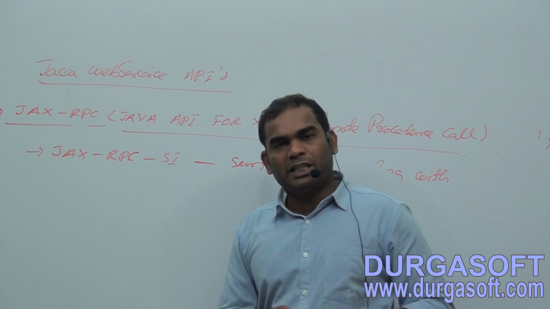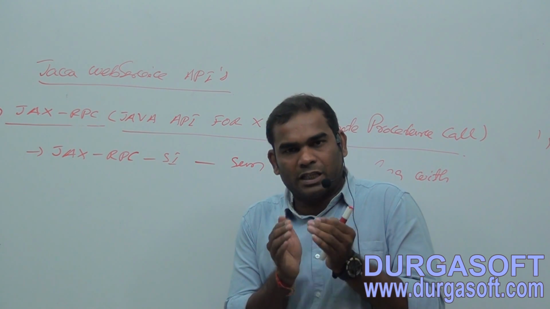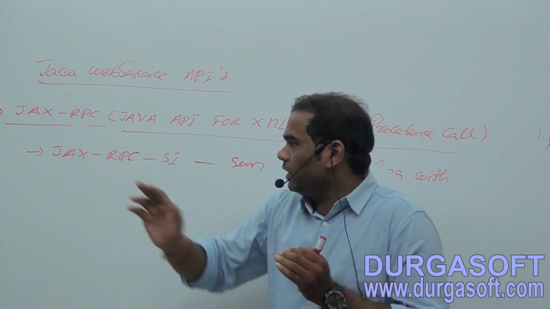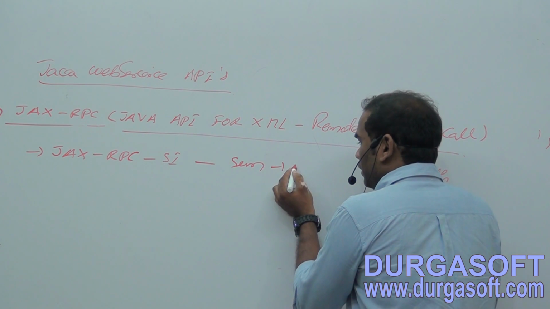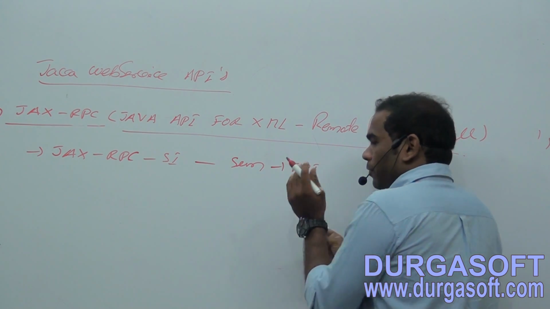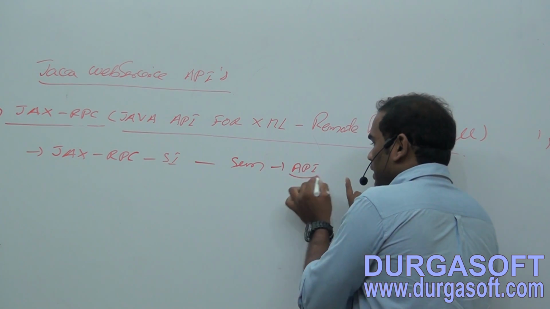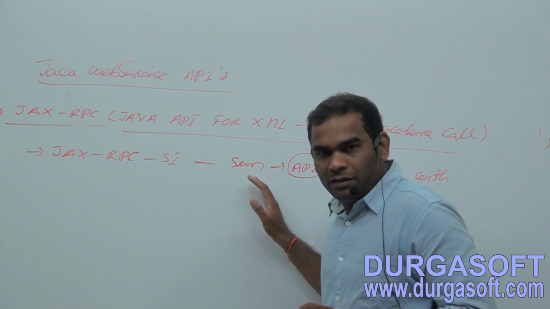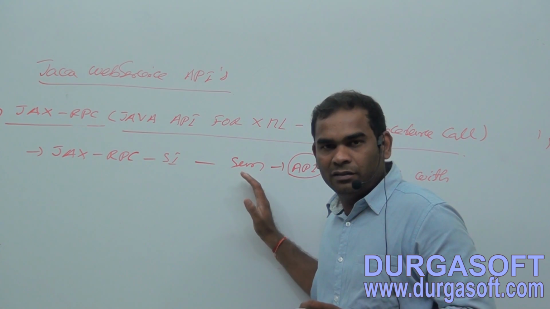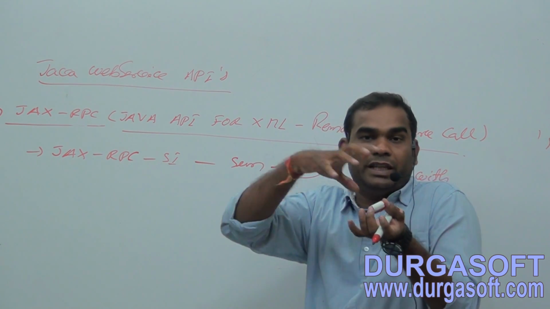So implementation means what? Definitely they should provide some implementation classes for this specification. That set of classes we can again call an API. This API they have not given along with the JDK.